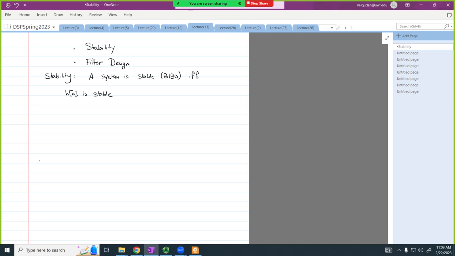Does anybody remember? The sum of the absolute values is finite. Excellent. The summation of the absolute values of h of n has to be finite. That is the case if the region of convergence of h of z includes the unit circle.